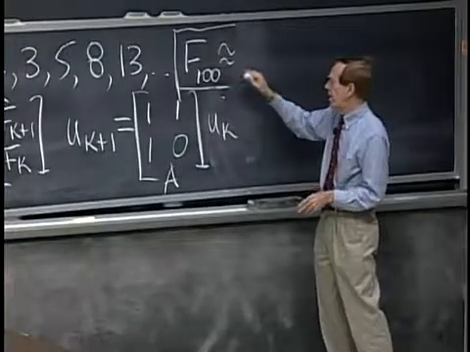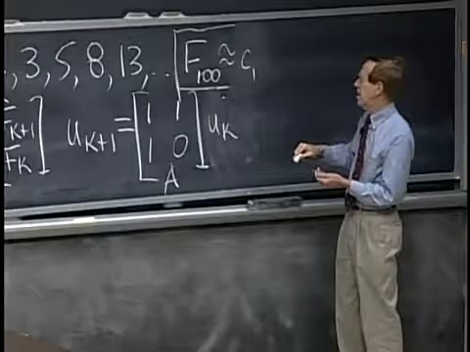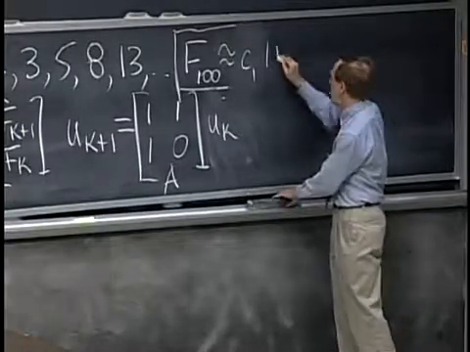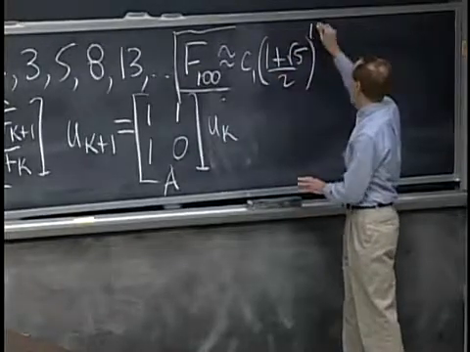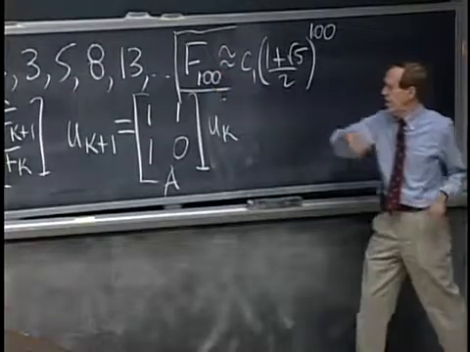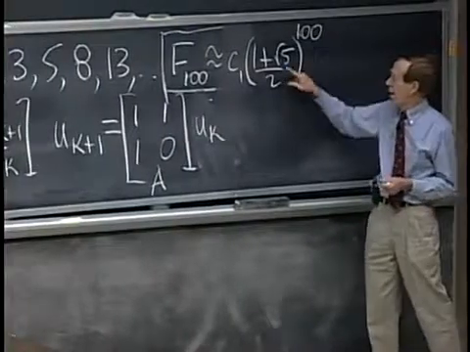So F100 will be approximately some constant, C1 I guess, times this lambda 1, (1 plus square root of 5)/2, to the 100th power. And the 200th F, in other words, the Fibonacci numbers are growing by about that factor.